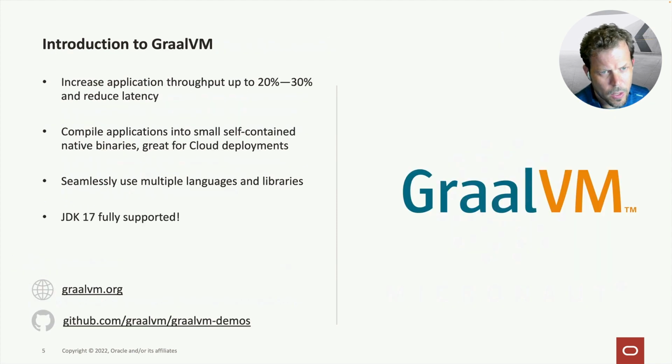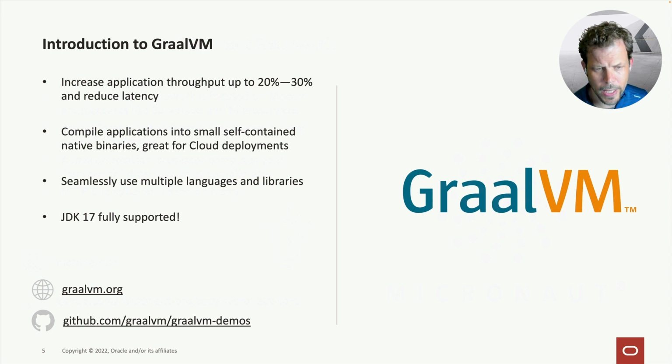If you haven't heard of GraalVM, it's a virtual machine out of Oracle Labs that is able to plug into the regular Java virtual machine's JIT and increase application throughput between 20 and 30%. But it's also able to compile applications into self-contained native binaries, or native images, which is absolutely fantastic for cloud deployments, great for serverless because it dramatically reduces startup time and memory consumption.